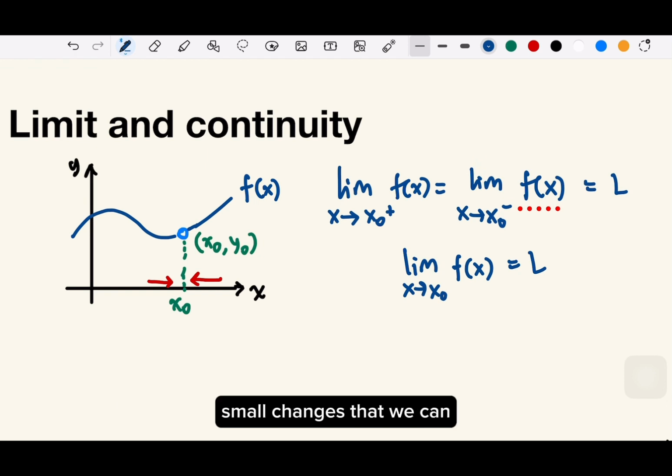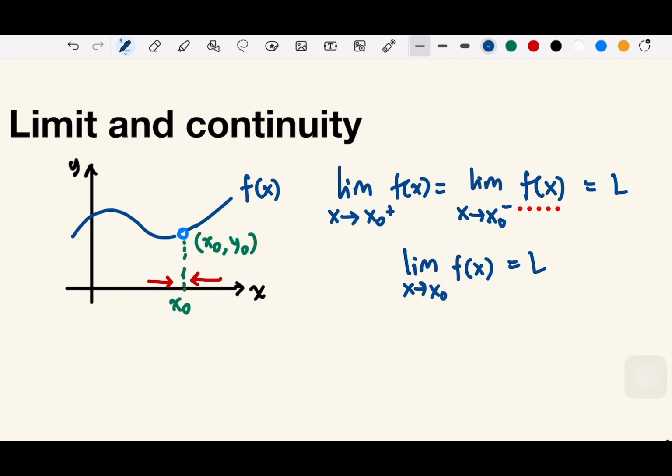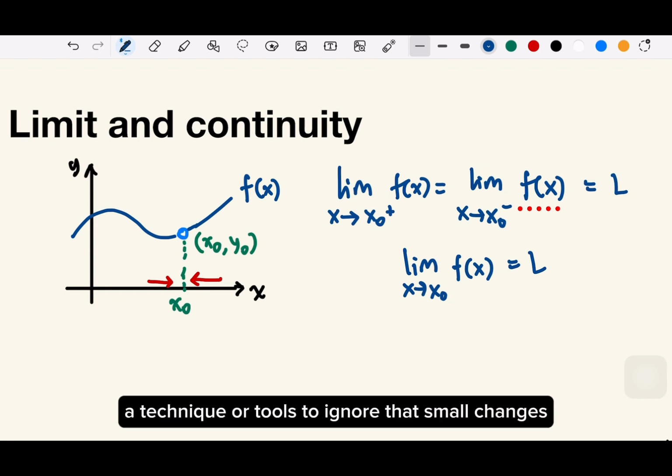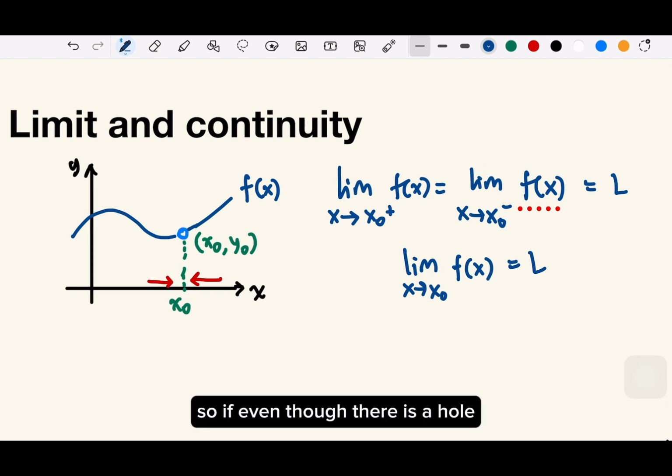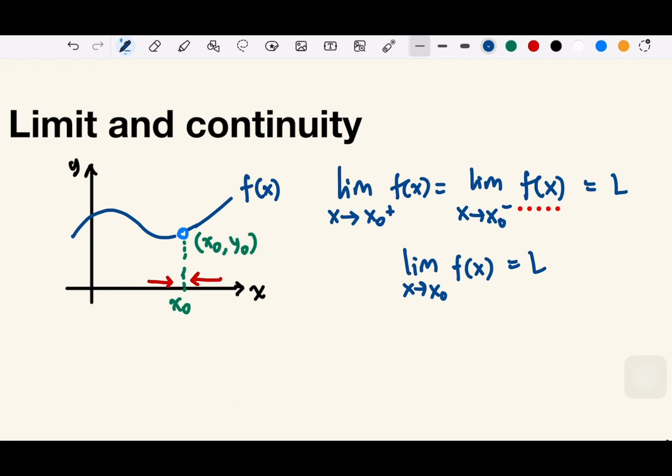Small changes that we can ignore. So limit is a technique or tool to ignore those small changes. So even though there is a hole, we still say the limit is equal to L. This is L.